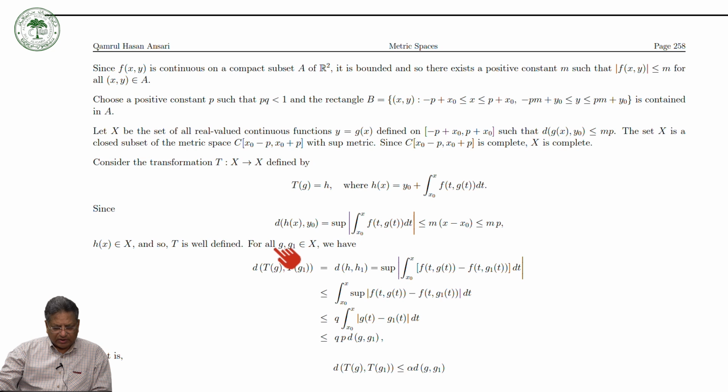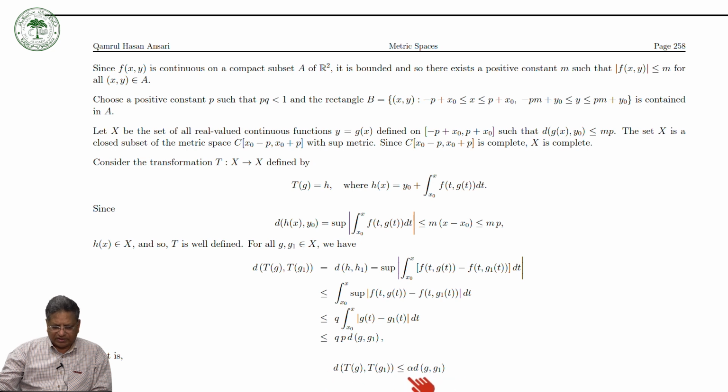Number two, for any g1, g2 in X, we have d(Tg1, Tg2) equal to d(h1, h2), because the function h is defined in this way. And this by definition is equal to this thing. But this is less than or equal to this one. And again, you can take this as the supremum, so we can write it in this way. And by definition, it is less than or equal to p times d(g1, g2). So this is less than or equal to this one. That is to say this.